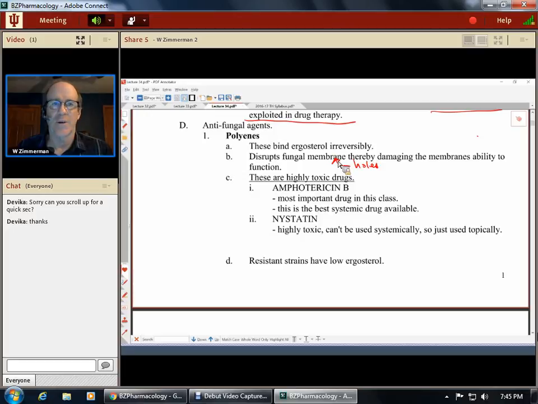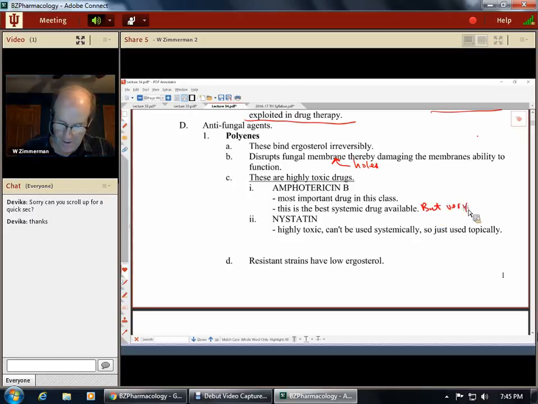They're highly toxic drugs, though. Amphotericin B has the nickname amphoterrible. You'll see why as we talk about it more on the next page. It's the best drug of the polyenes. It is the best systemic drug available. But I'll just say it's very toxic.